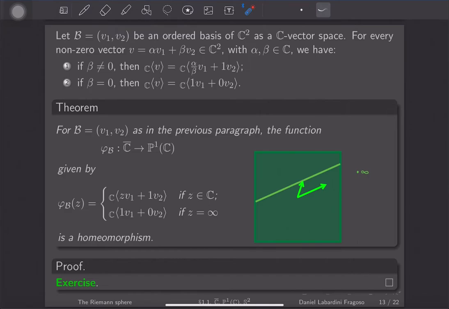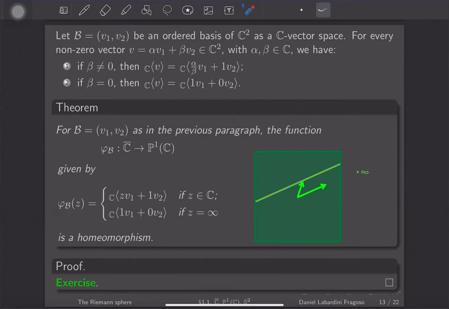Every non-zero vector can be expressed as a linear combination of the basis with complex coefficients. And since the vector is non-zero, I know that at least one of the complex numbers, alpha or beta, is non-zero.